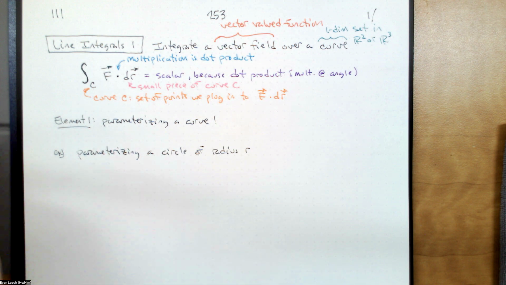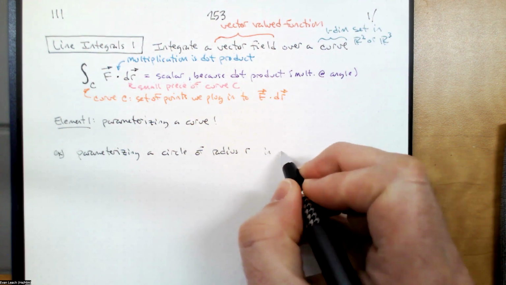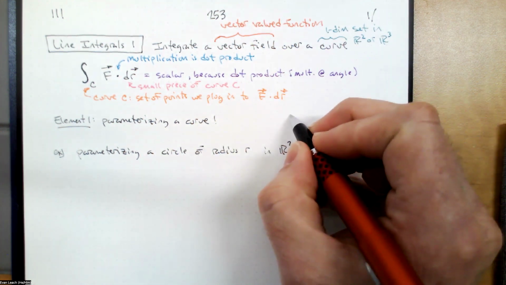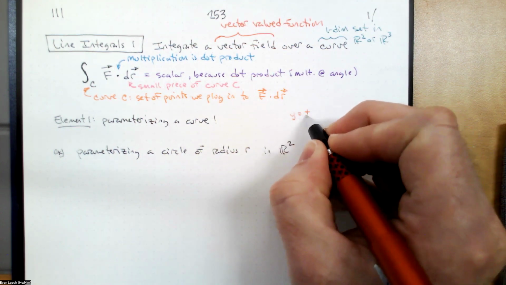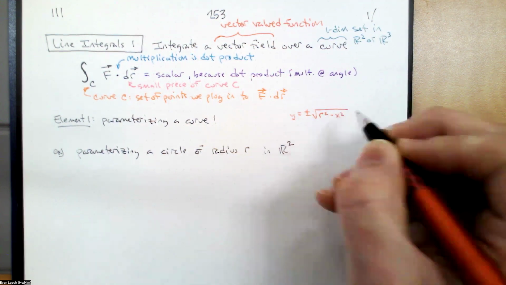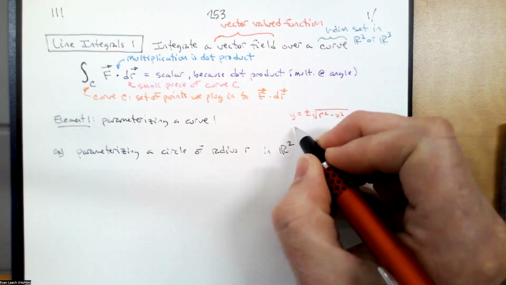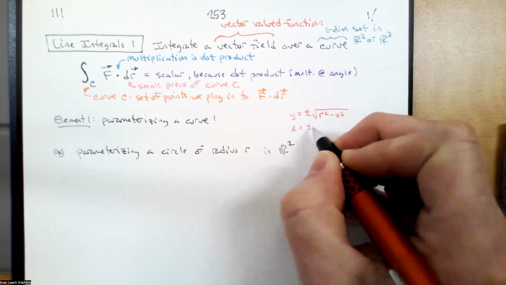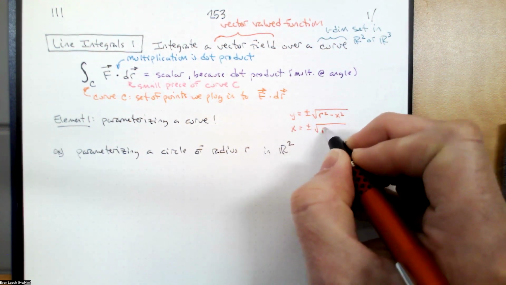Oh, let's do this in R2. We already have descriptions of a circle of a given radius in two-dimensional space. We could do this with a function. Well, we need two functions: plus or minus the square root of r squared minus x squared, the top and the bottom.